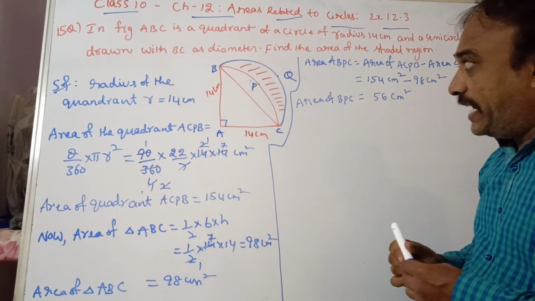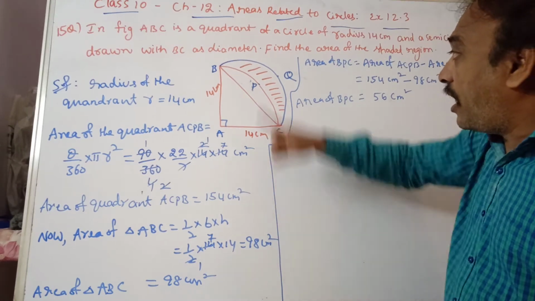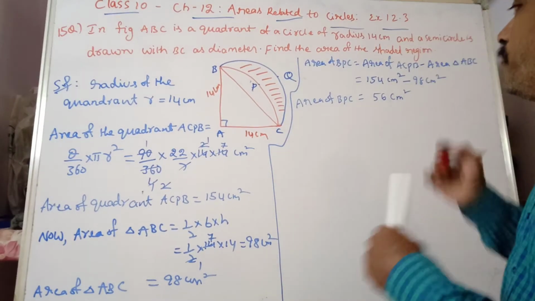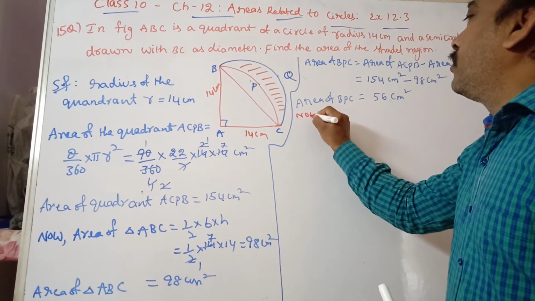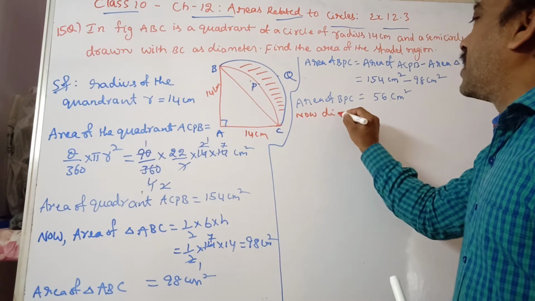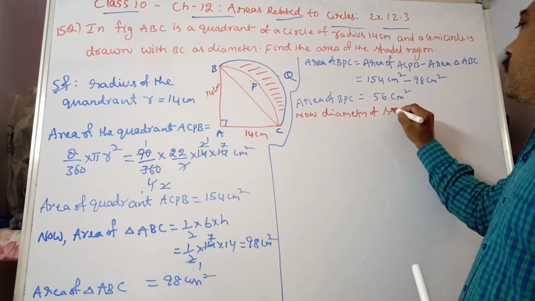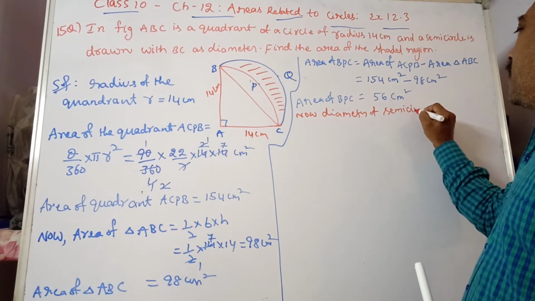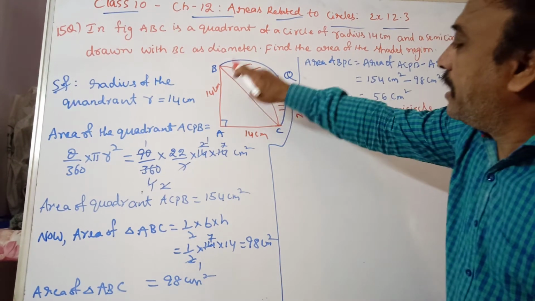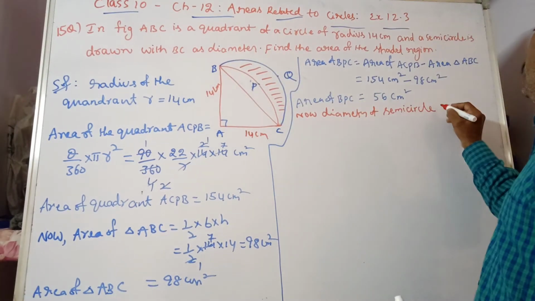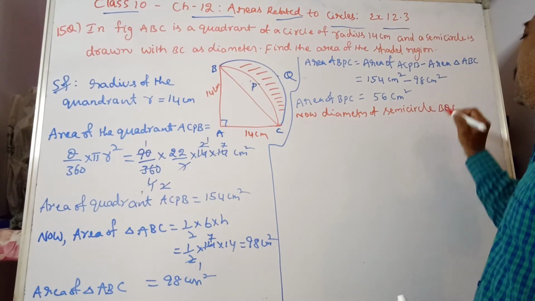Now you have to find out the diameter of the semicircle. What is the semicircle here? CQB, or BQC, is a semicircle.